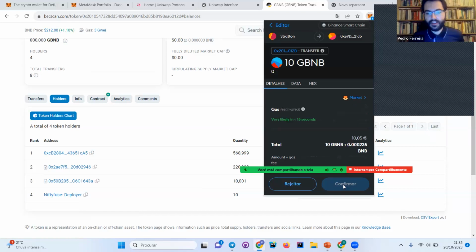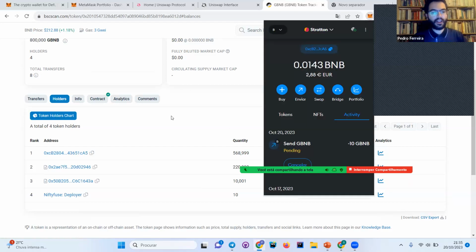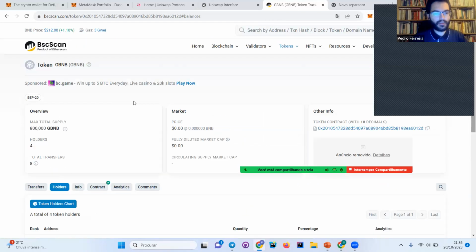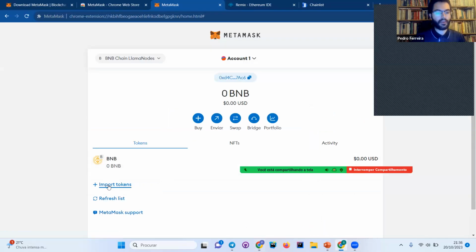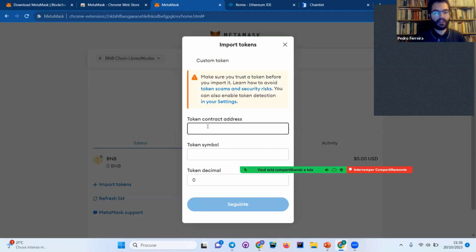Tomorrow we can discuss further if there is any more. I'm going to send you another thing to do. I'm going to send you in the chat the address of the token created. What you will do is go to import token, as you can see in my interface, and copy that address here.